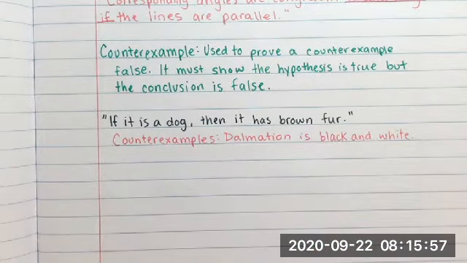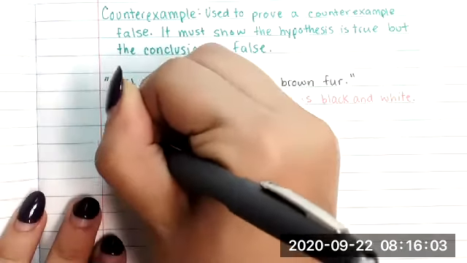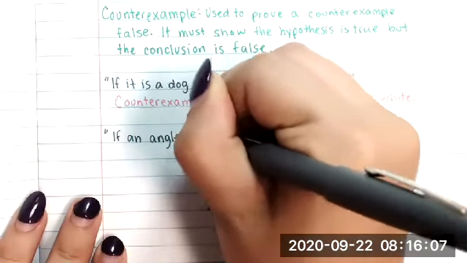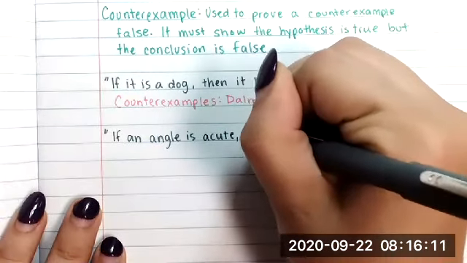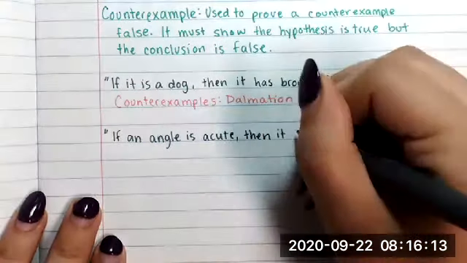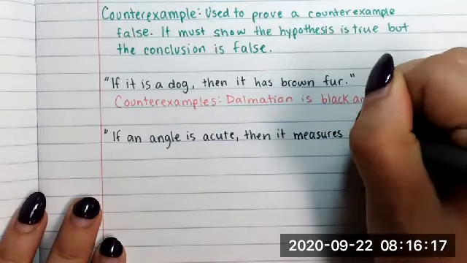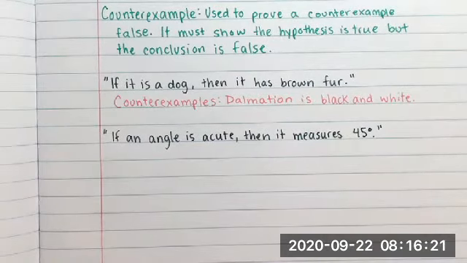Let's take a look at a math example. If an angle is acute, then it measures 45 degrees.